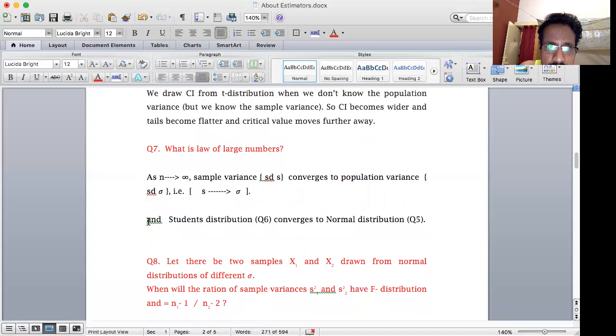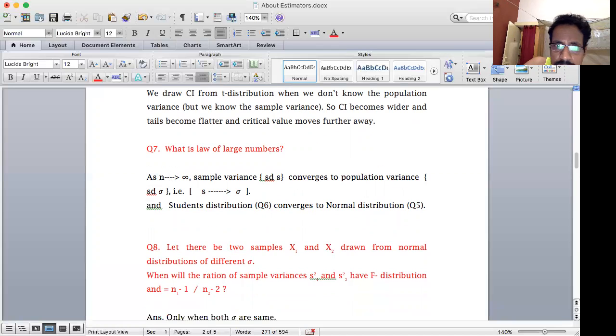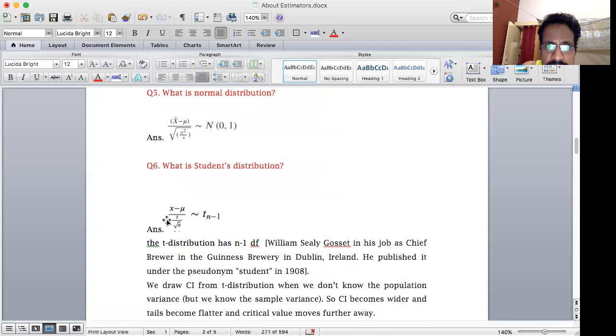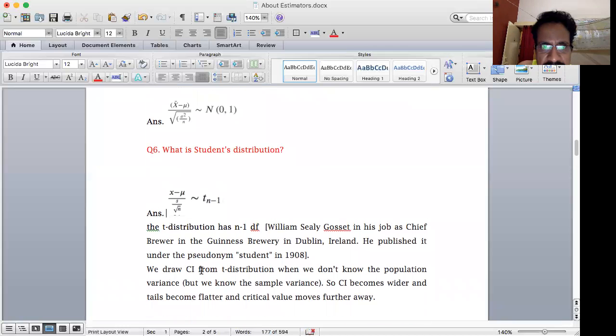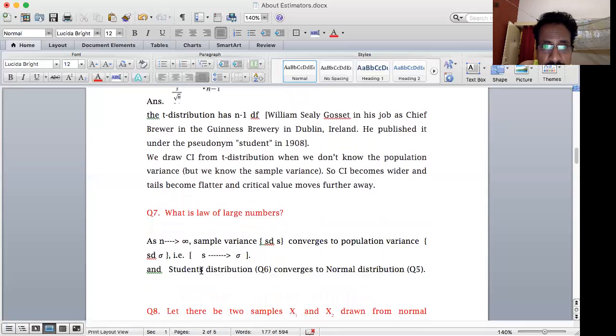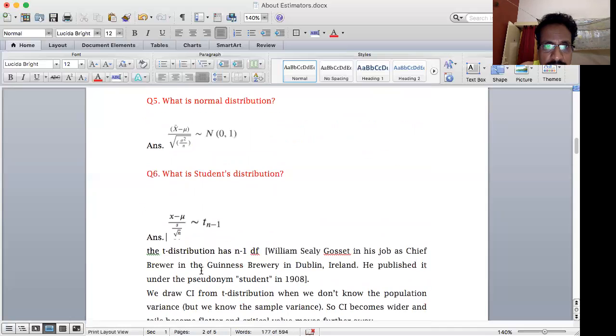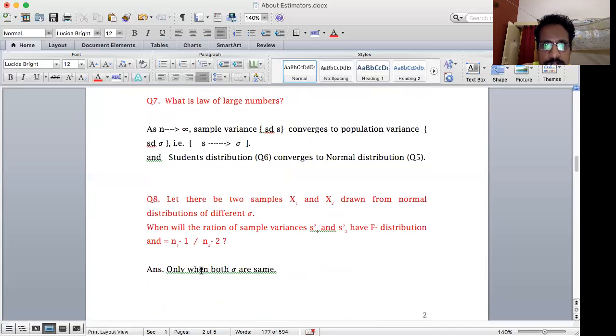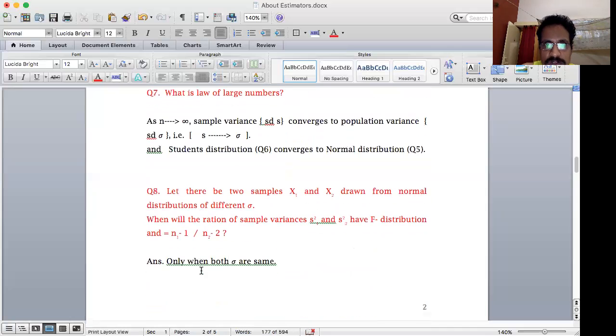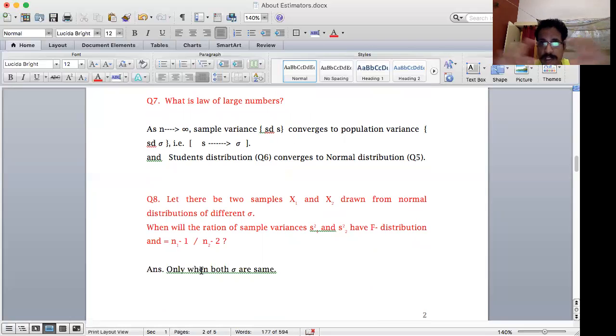Okay, and the student's distribution, which we calculated here, (x bar minus mu) upon s divided by the square root of n, becomes a normal distribution, which is (x bar minus mu) upon the square root of sigma square by n, right? So this was the law of large numbers. As sample size goes to infinity, your sample variance becomes the population variance, and the student's distribution converges to the normal distribution.